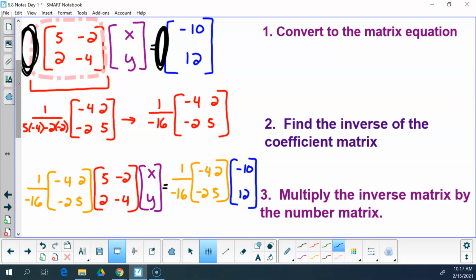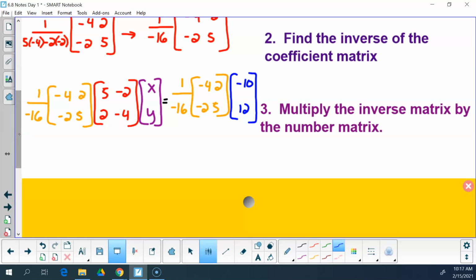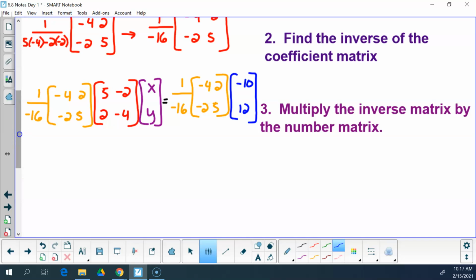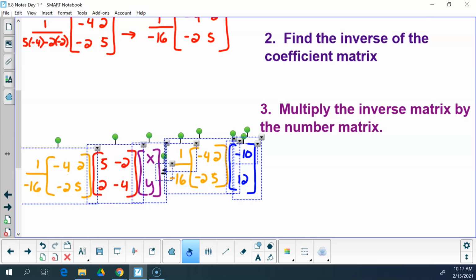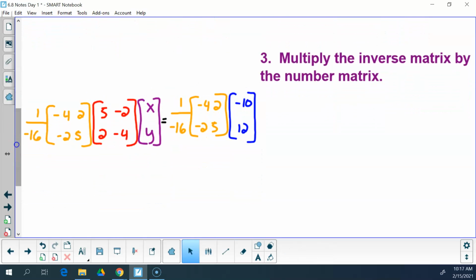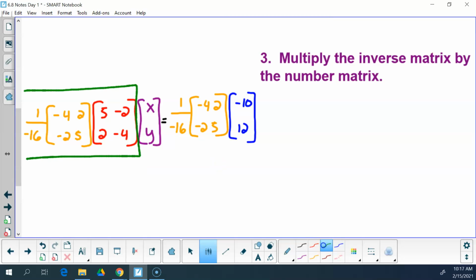Okay? Now, that is like dividing by that matrix. I'm just going to move this down a little bit here, because now what's going to happen is these two right here in the green box cancel each other out.